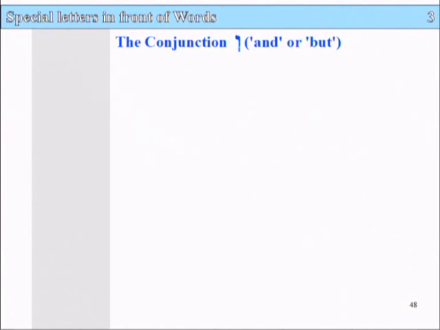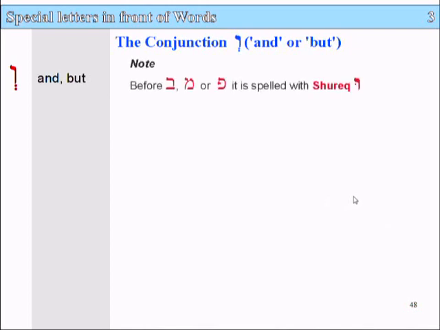Slide 48, lesson 3, special letters in front of words. The conjunction vav continued, and the conjunction vav means and or but. Now, when we add the vav in front of words, if those words begin with a bait, a mem, or a pay, it is spelt with a shurek.